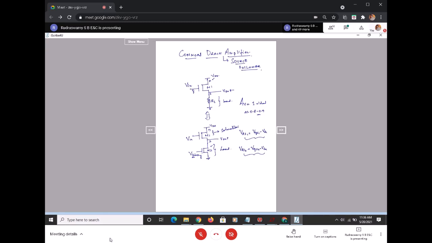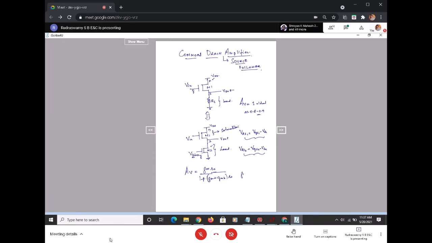The gain of the common drain amplifier, as you have studied earlier, is basically given by gm R0 divided by 1 plus (gm plus gmb) R0, where gmb is the body transconductance. I'm not going to derive this.